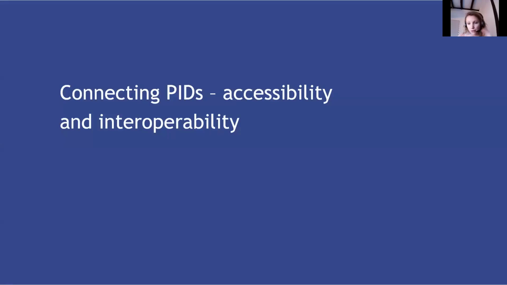Now, the findable aspect is very important, but I did also want to talk a little bit about the other parts of FAIR. And I think that connecting PIDs plays a role in accessibility and interoperability. And maybe before I go through my slides, I think probably quite a simple example is if we think back to that paper with a reference list.